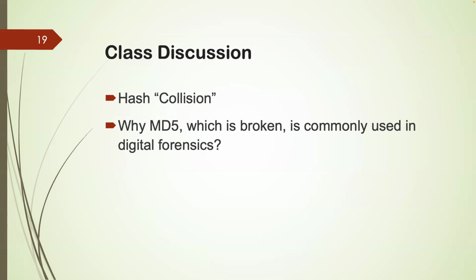The answer is that, even though MD5 is broken and can have hash collisions, the probability of that happening is very, very minute. That is one reason. The other is that even if two operating system drives that you captured from the suspect end up with the same hash, which is very unlikely, you can still look into the individual files because you have access to the plain text for both of them.